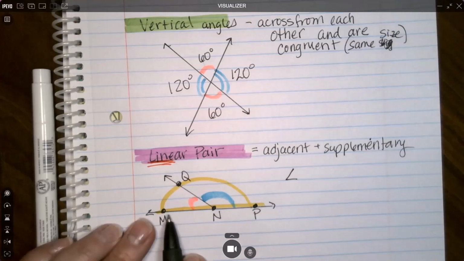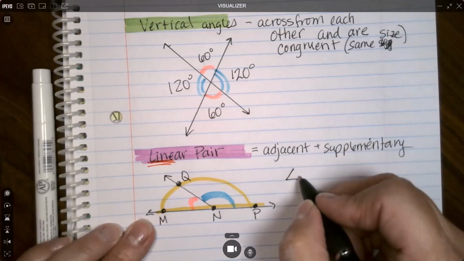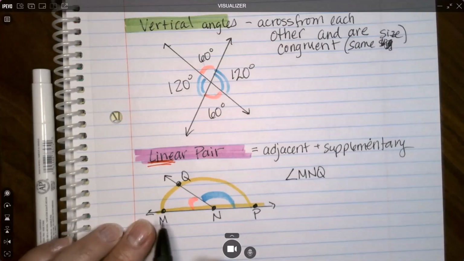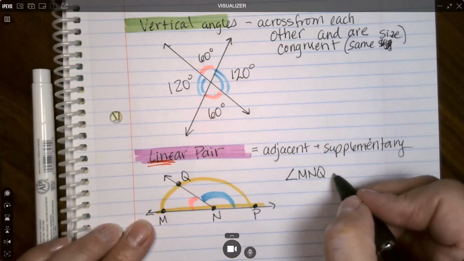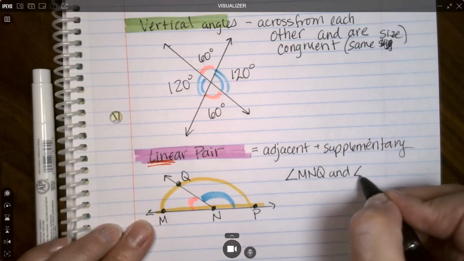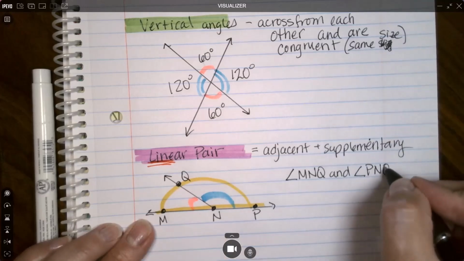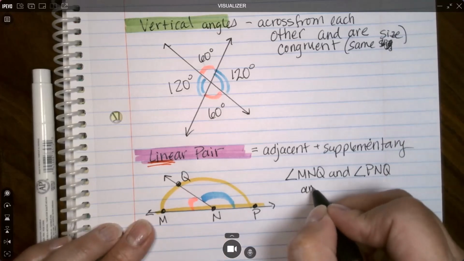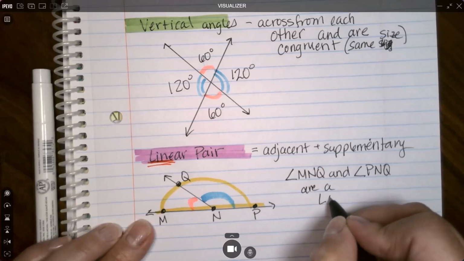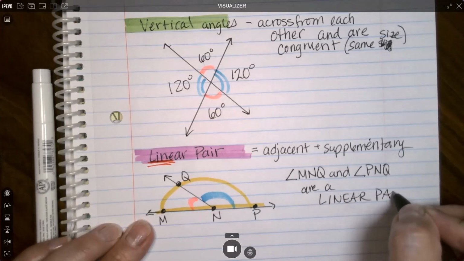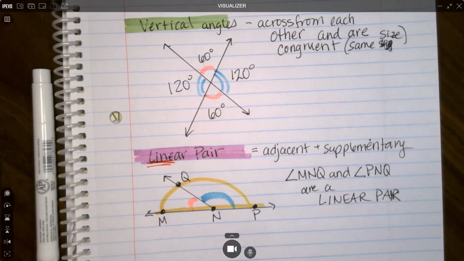Angle MNQ and angle PNQ are a linear pair. I forgot the I. Squish it in.